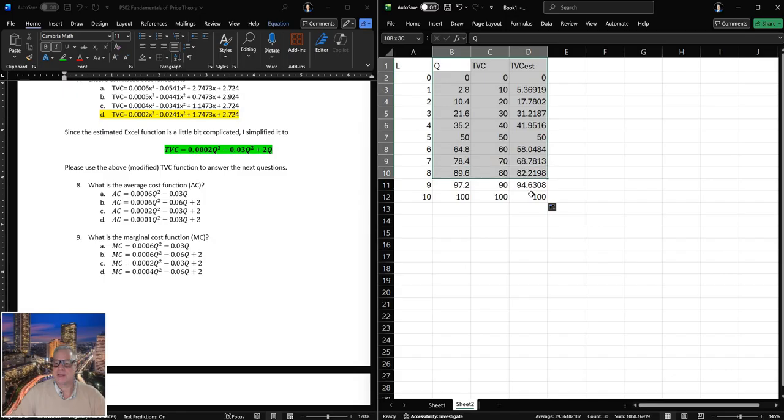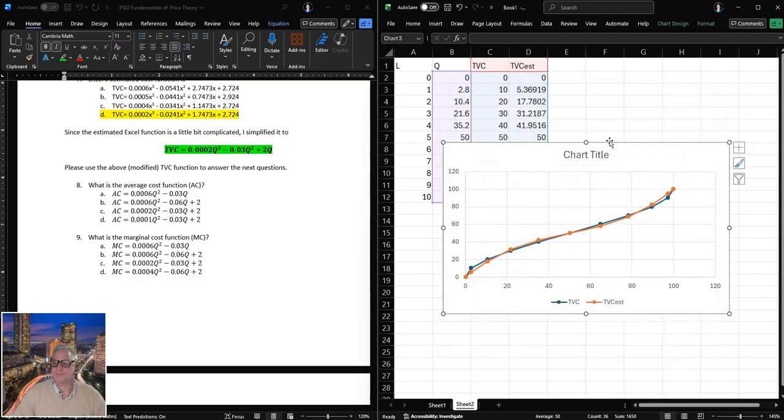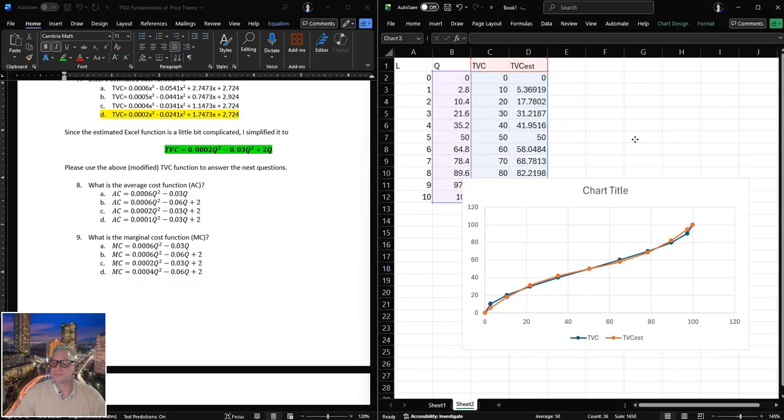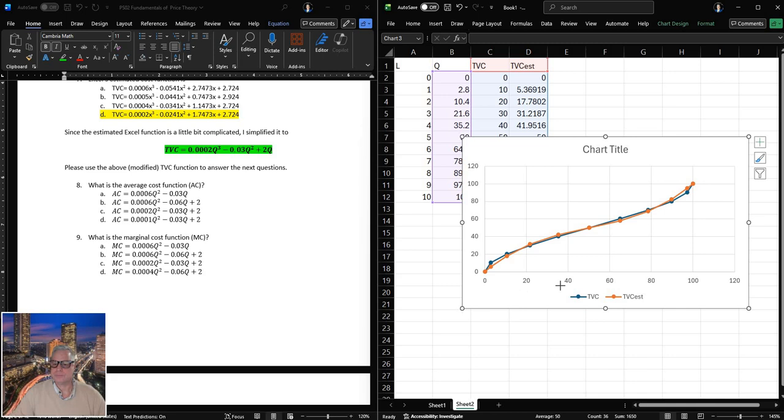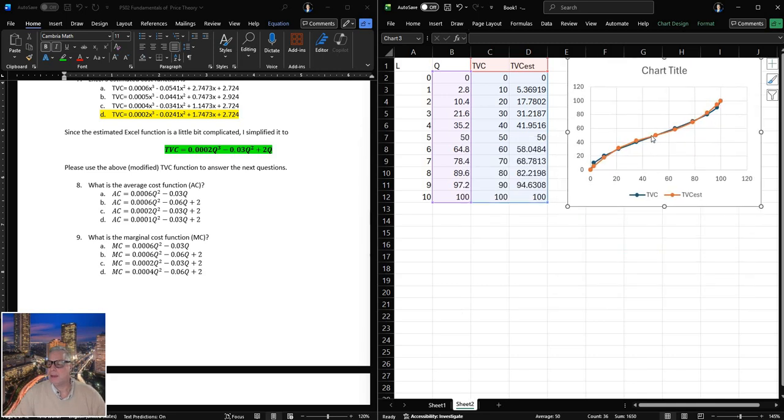And now let's take a look at how this one matches the real one. So TVC, that's the real one, and here we have the estimated. So recommended chart. Now let's take this one here. And you can see it looks not too bad.